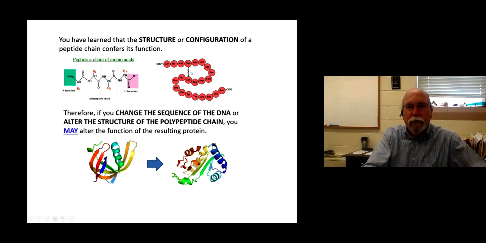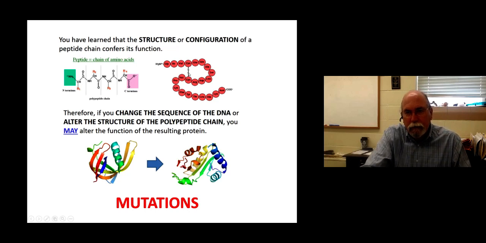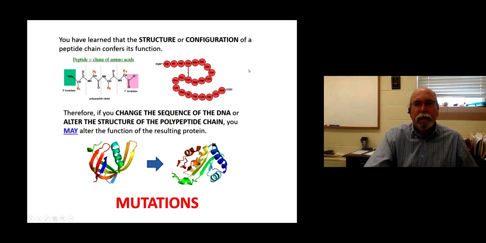If you mutate one of these systems, if you change one of these amino acids at the right position, it will end up in a mutation that may potentially affect the protein itself. Some are silent and don't really matter. Other mutations are in the third position and don't get seen. But if you do change an amino acid, particularly in a place like these cysteine disulfide bridges, you can completely change the structure of the protein, and therefore you're going to change its function.